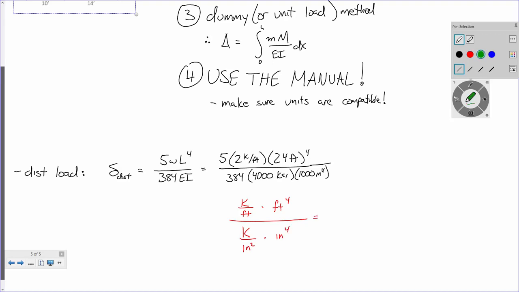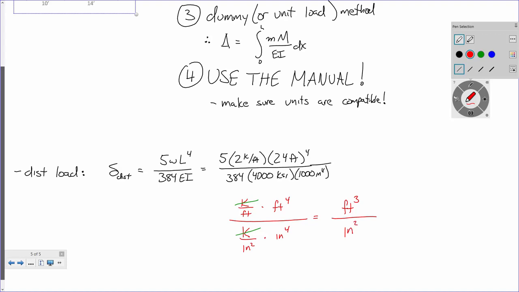Okay, so what's going on with the kips? They cancel, right? So what do we have on the top? We have feet to the fourth over feet, so that's feet to the third, right? Okay, and on the bottom, what do I have? Inches squared.